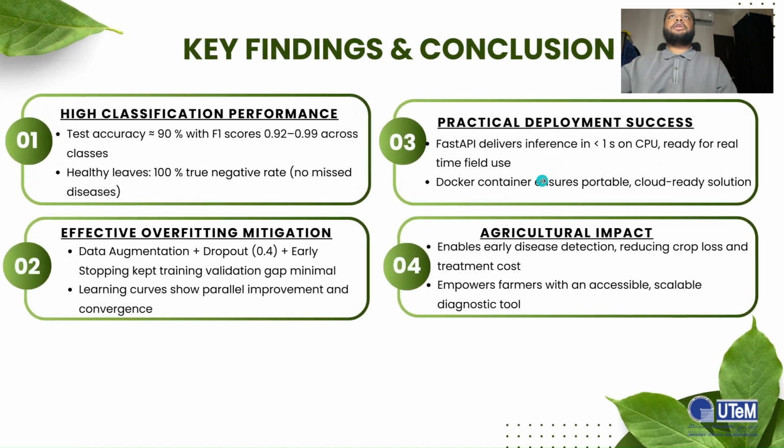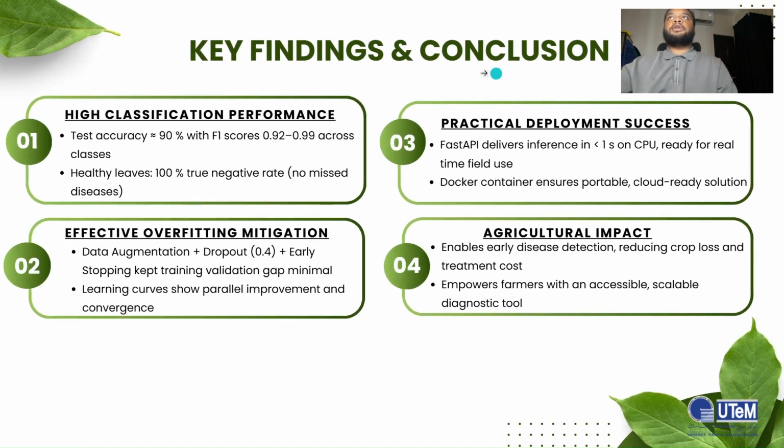We have here the key findings and conclusions. First, high classification performance: testing accuracy is around 90% with F1 scores from 0.92 to 0.99 across the classes. Healthy leaves have a 100% true negative rate, with no missed diseases.